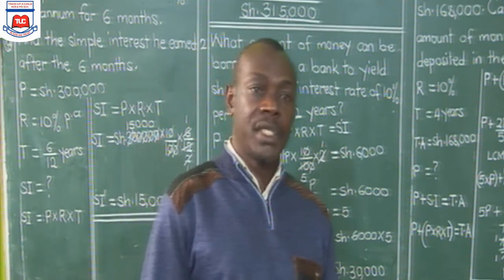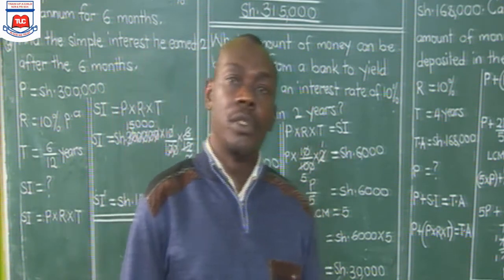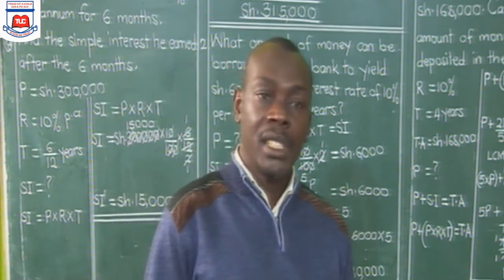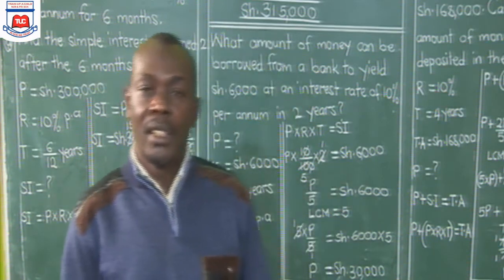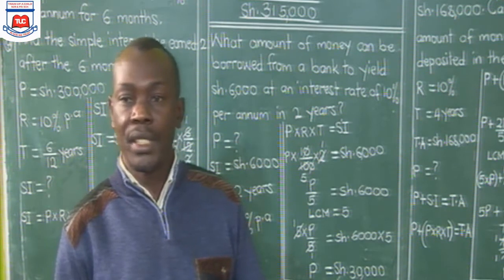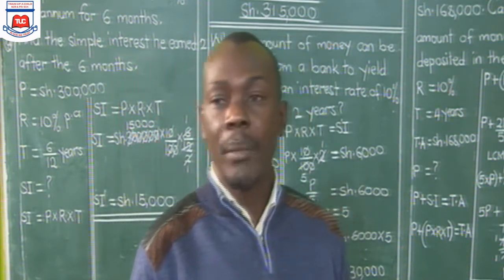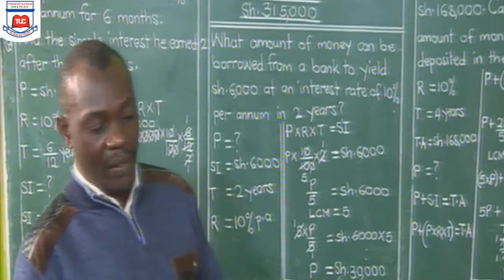Percentage increase, we said, equals increase out of original number or original amount times 100%. Then percentage decrease equals decrease out of original number or original amount times 100%.